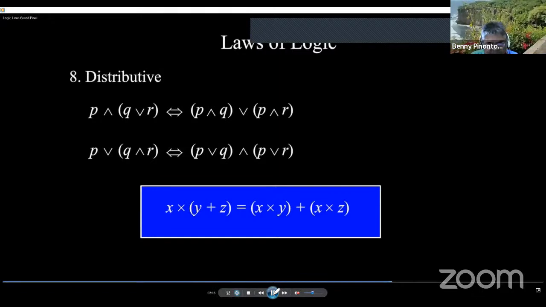Jadi distribusi untuk aritmatik itu cuma perkalian terhadap penjumlahan, bukan penjumlahan terhadap perkalian, ya. But here, conjunction to disjunction and disjunction to conjunction. So that's the distribution.